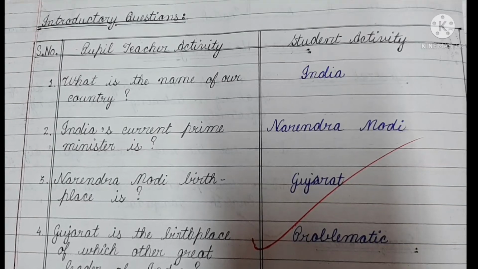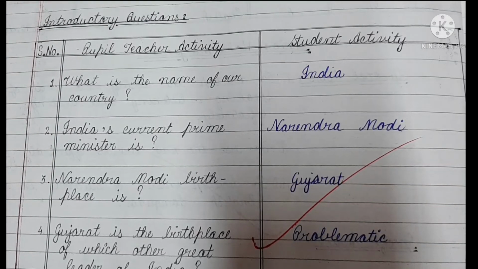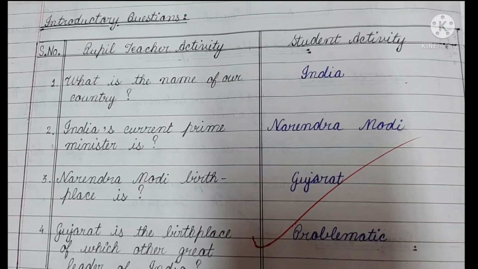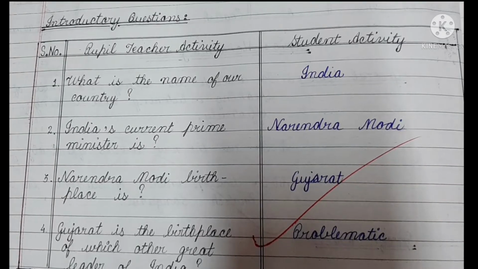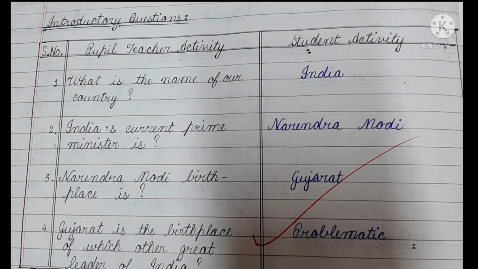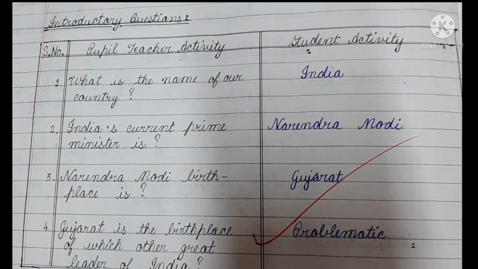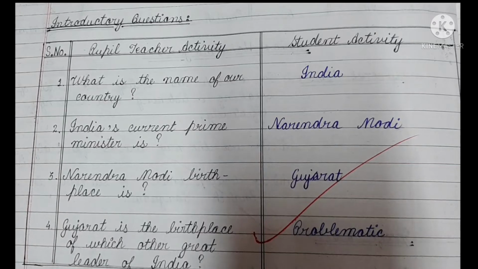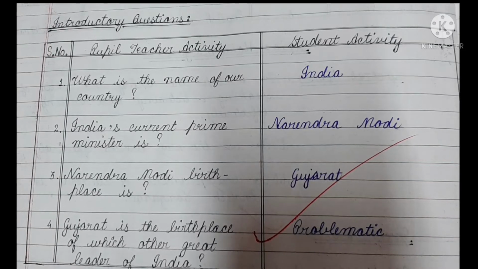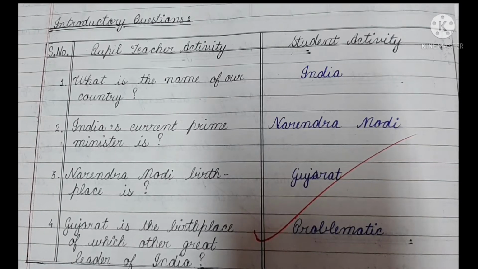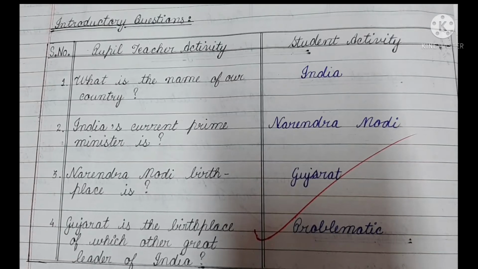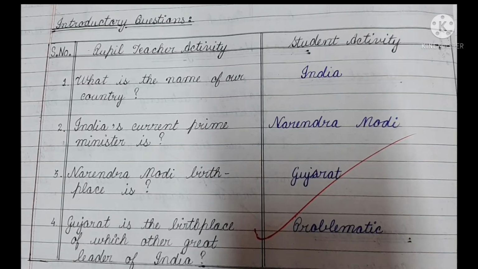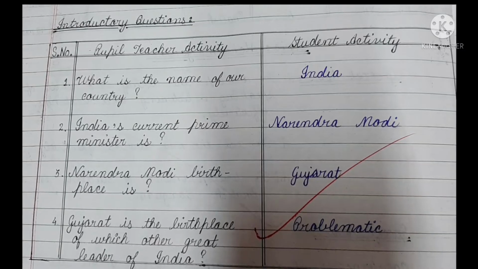The first one is: what is the name of our country? As you all know, you are going to teach in a kind of backward area, and you will get a school where students don't have much knowledge. So we have to ask very basic questions so that the students can relate and be able to answer.